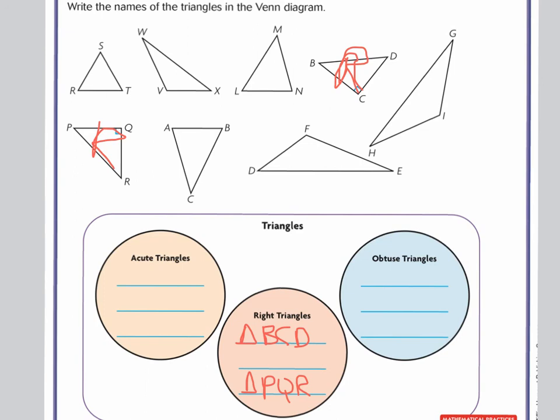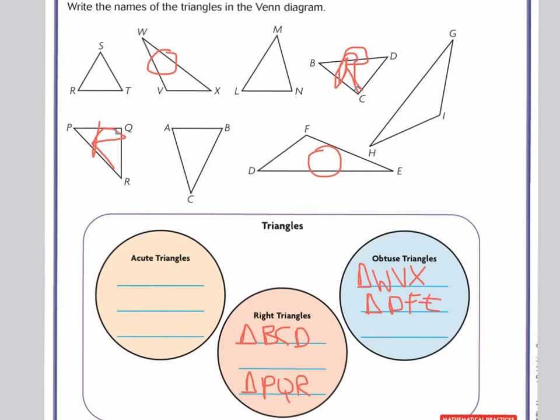And then let's look at the obtuse triangles. So any of them that have an obtuse angle will be an obtuse triangle. So this one I see here, that's going to be triangle WVX. And this one's pretty obviously obtuse. Triangle DFE.